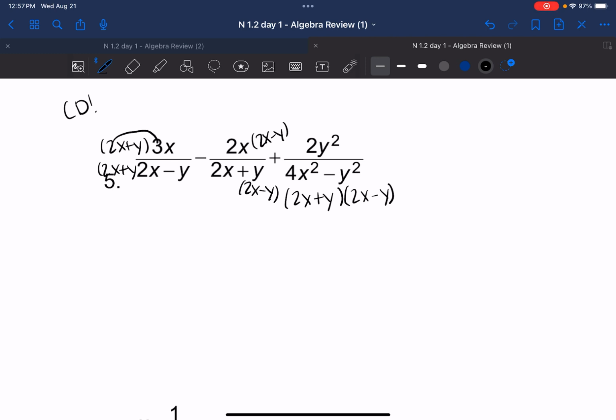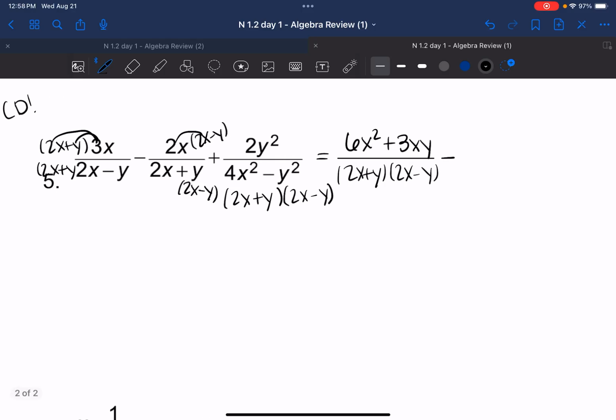So we've got 2x times 3x, which would be 6x squared, and then y times 3x, which would be 3xy, over our common denominator of 2x plus y times 2x minus y, minus, for the second fraction, we got 2x times 2x, which would be 4x squared, and 2x times negative y, which would be negative 2xy, all over our common denominator of 2x plus y times 2x minus y.